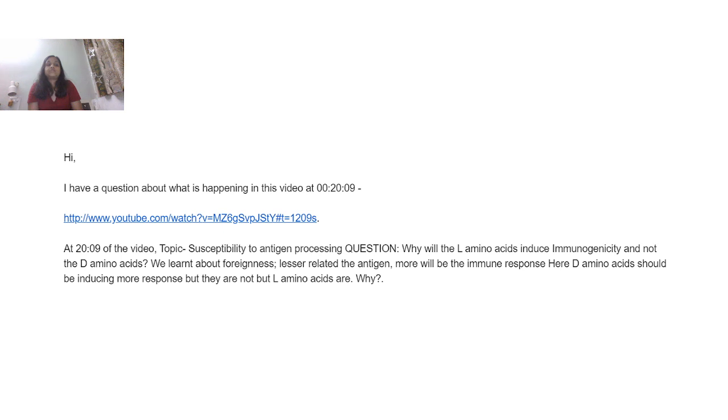If the proteases cannot act on the D amino acid, it cannot be processed further. In the case of L amino acids, the proteases can recognize and target them and chop them into small pieces, which can be presented via MHC class 2 molecules to the T helper cells, and that can induce the immune reaction. But in the case of D amino acids, due to the chirality, most proteases cannot recognize or process them.